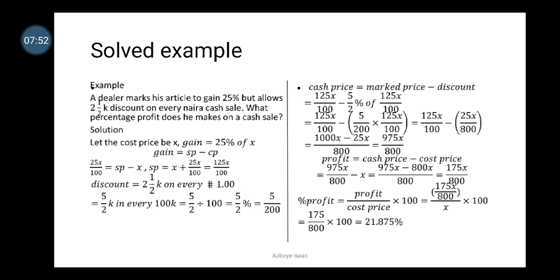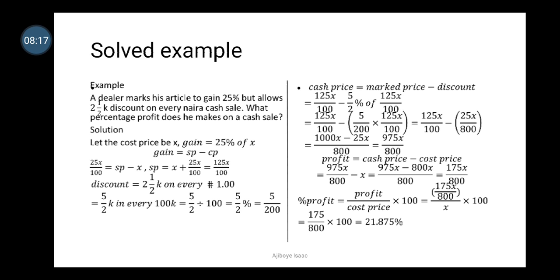So if you simplify that process, we have 125x over 100 minus open bracket 5 over 200 times 125x over 100, then you close the bracket. If you simplify that process, you will get 975x over 800. Our profit, which is same thing as gain, is equal to cash price minus cost price.